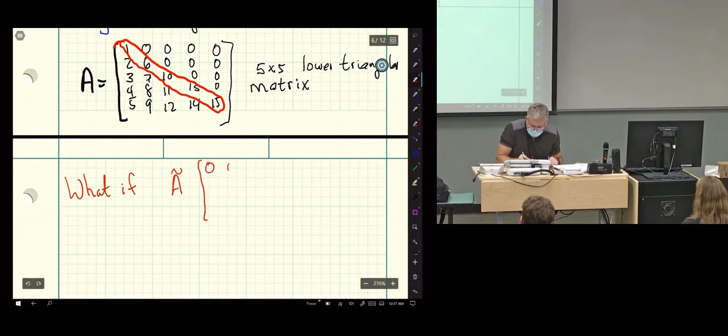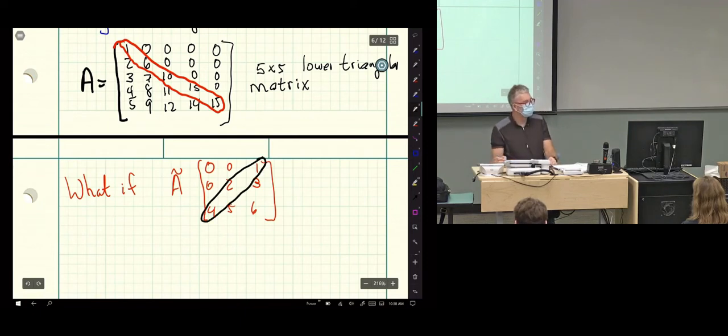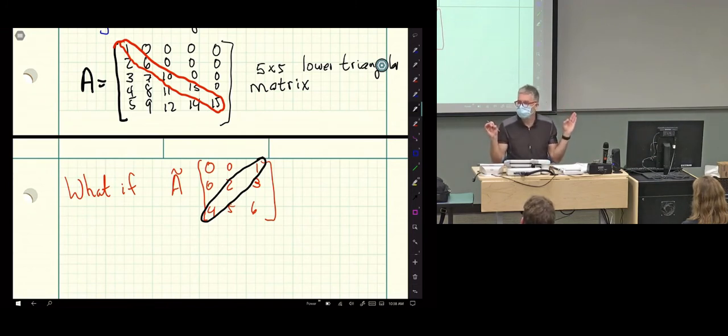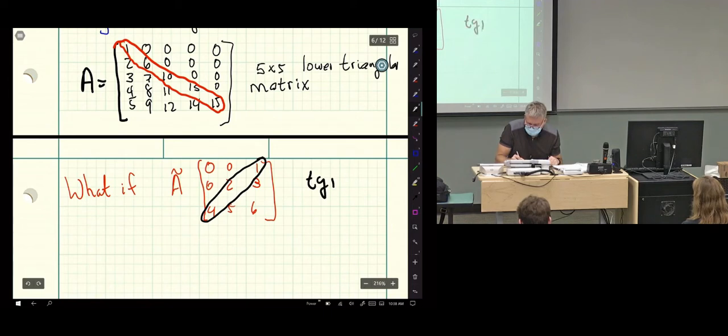So 0, 0, 1, 0, 2, 3, 4, 5, 6. I think that's what you're after. Okay, so here's kind of the opposite diagonal. This could be used as a lower triangular, but typically people do not. So it's typically not called a lower triangular matrix.